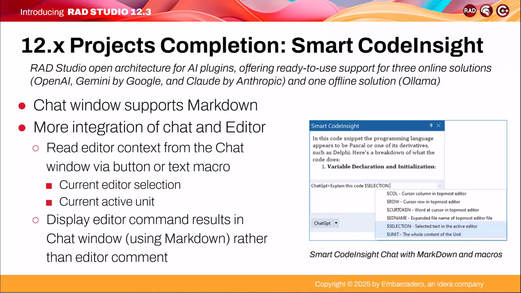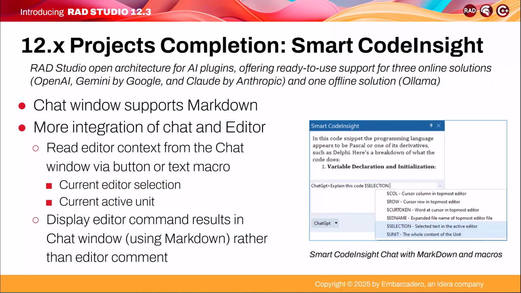RAD Studio 12.3 further improves Smart Code Insight, adding a few notable extensions to the user interface, focused on improving the chat experience and having a better and more integrated experience when using the editor commands alongside the chat window. The chat window now supports Markdown, so it offers properly formatted and more readable output in general.